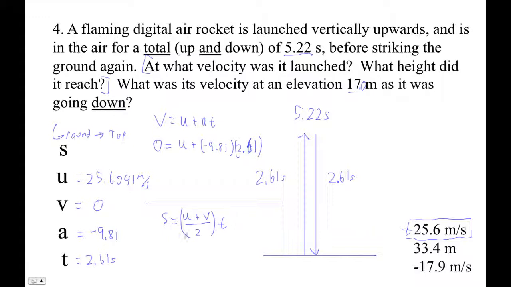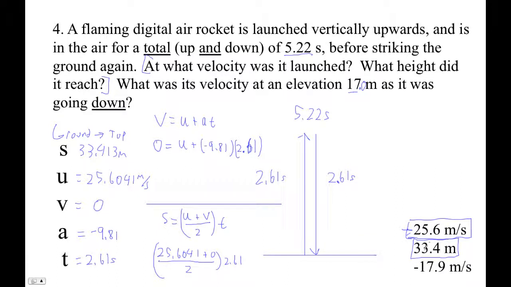But anyway, s is equal to 25.6041 plus 0 over 2 times 2.61. That gives 33.413, so s is 33.413 meters, which rounded to 3 sig figs is 33.4 meters.